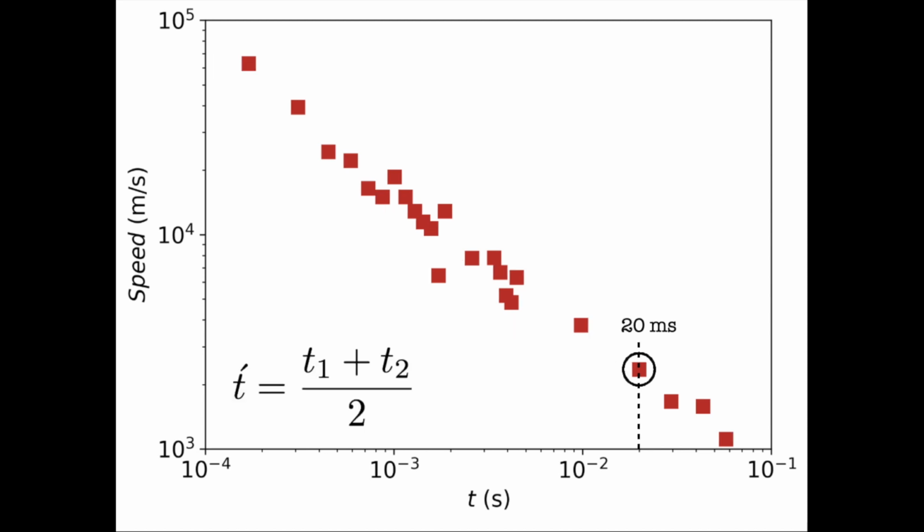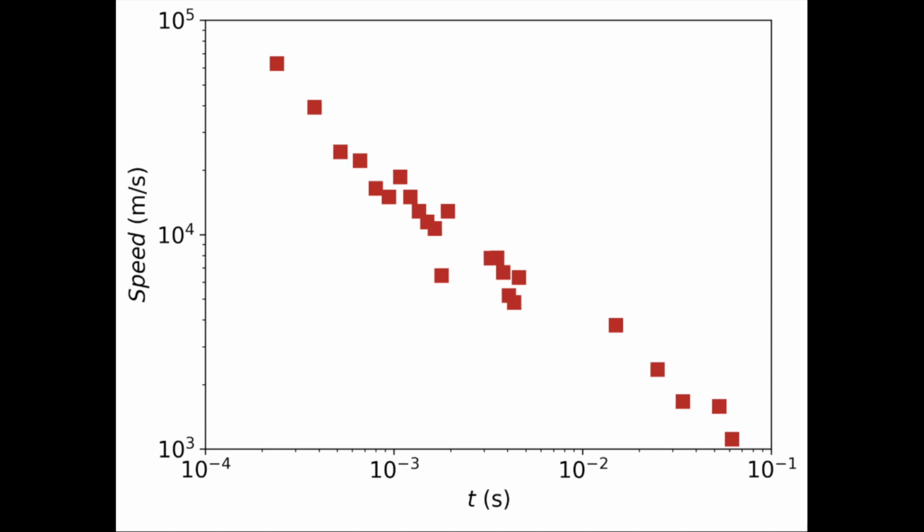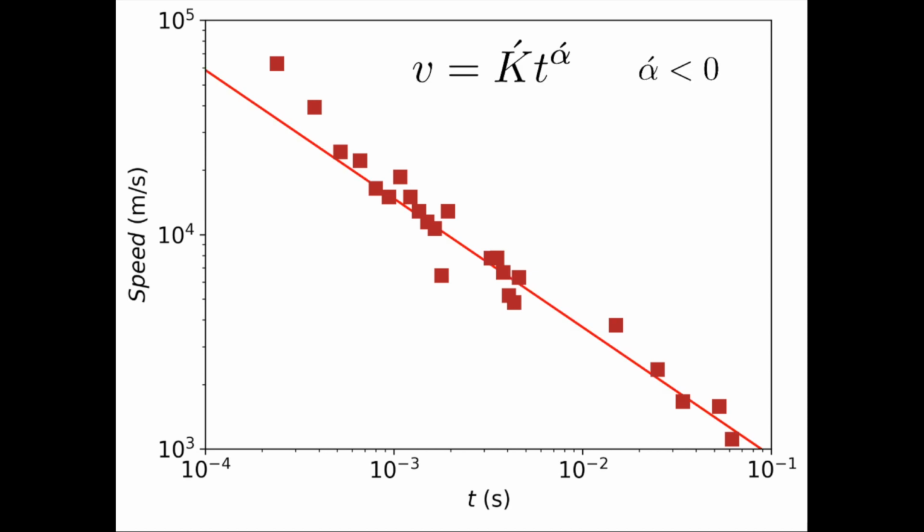Or the mean time between the two pictures. In linear scale, this is just the arithmetic mean. In logarithmic scale, this is the geometric mean. Comparing the value of these different schemes to define a speed is beyond our point here. Regardless of the scheme, the speed is decreasing as a power law, with a negative exponent.